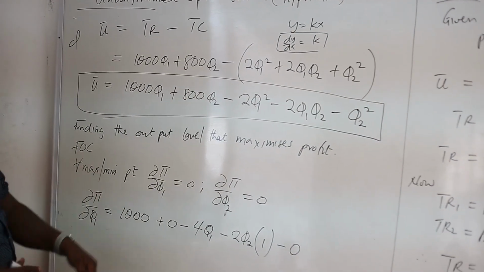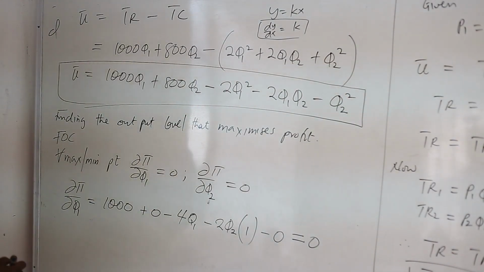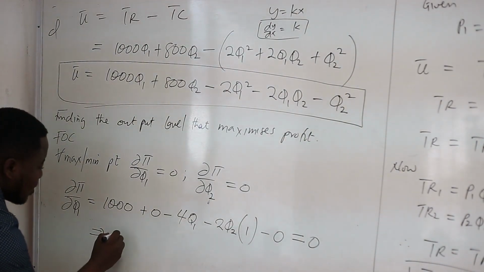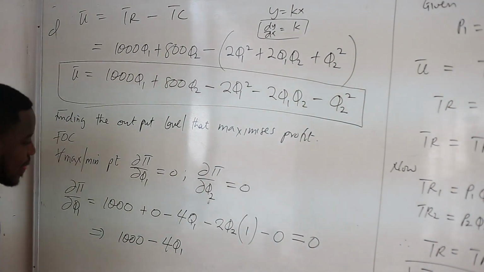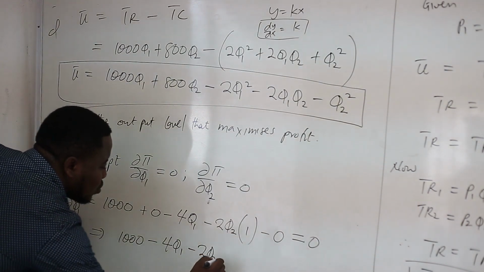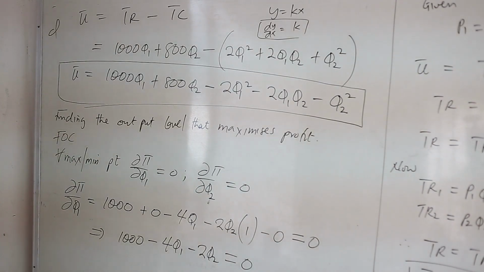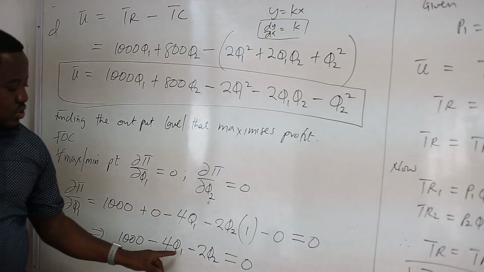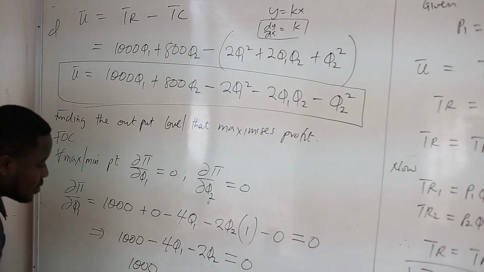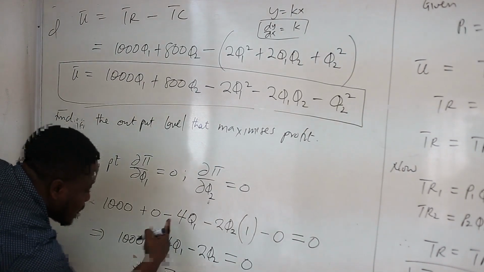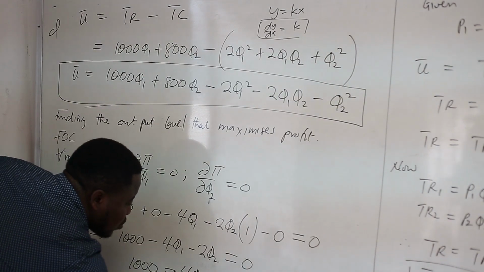And the law says we should equate this to 0. So this implies that 1,000 minus 4q1 minus 2q2 is equal to 0. We can send these ones to the other side, okay? So we have 1,000 is equal to, so it has positive 4q1 plus 2q2.